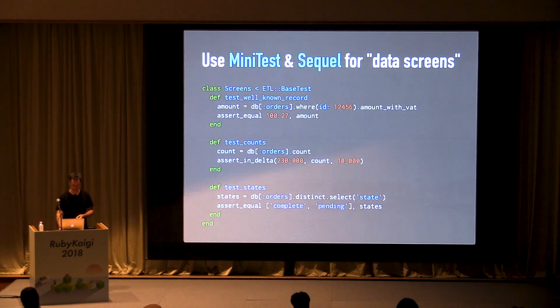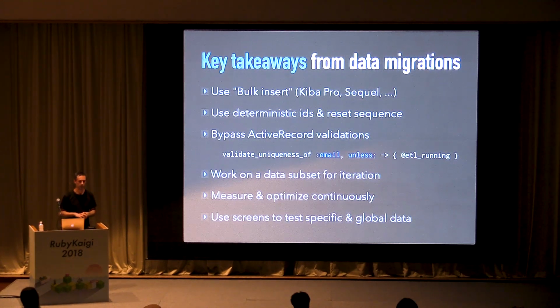It works. The key takeaways from data migration, which are difficult projects, is that you really want to use bulk insert. There is one in Kiba Pro, there is one in SQL, or whatever works for you, but don't insert records one at a time. Use deterministic IDs and a reset sequence, okay? You can also, I recommend that you bypass the Active Record validation because they are slow as hell.